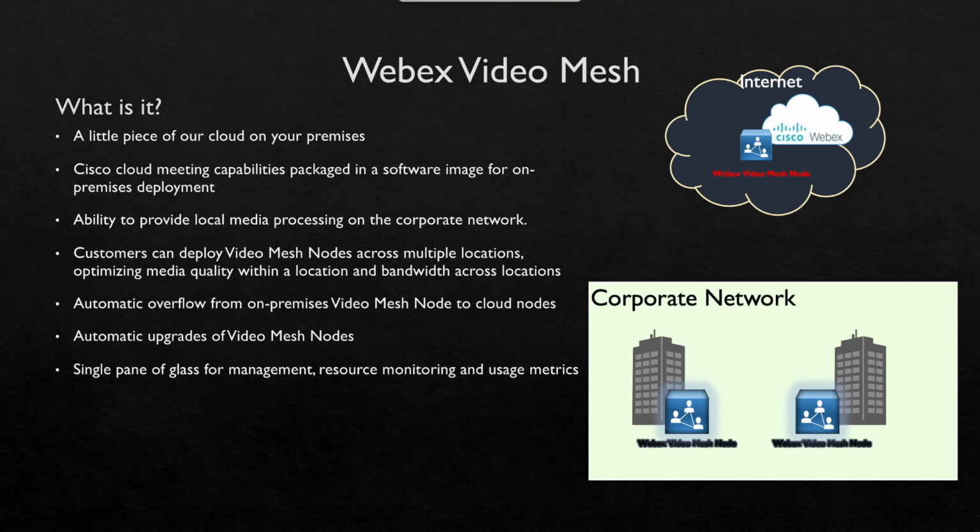Now, you can cluster Video Mesh nodes as well, but let's say, for example, I have a single Video Mesh node in this corporate network, and hypothetically, let's say I can host 12 connections to it, right? When a 13th participant calls into that Video Mesh node, it doesn't have the capacity to host that additional participant calling in.